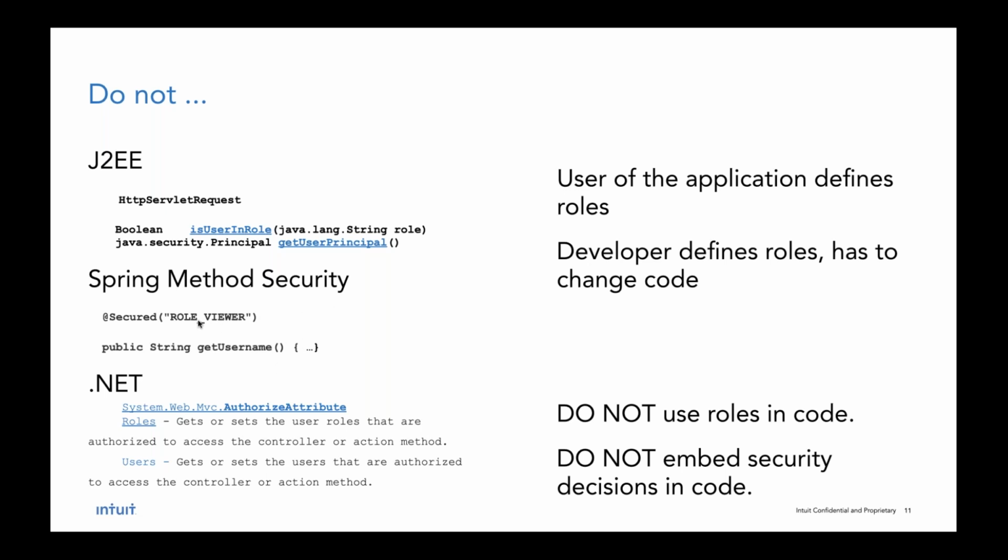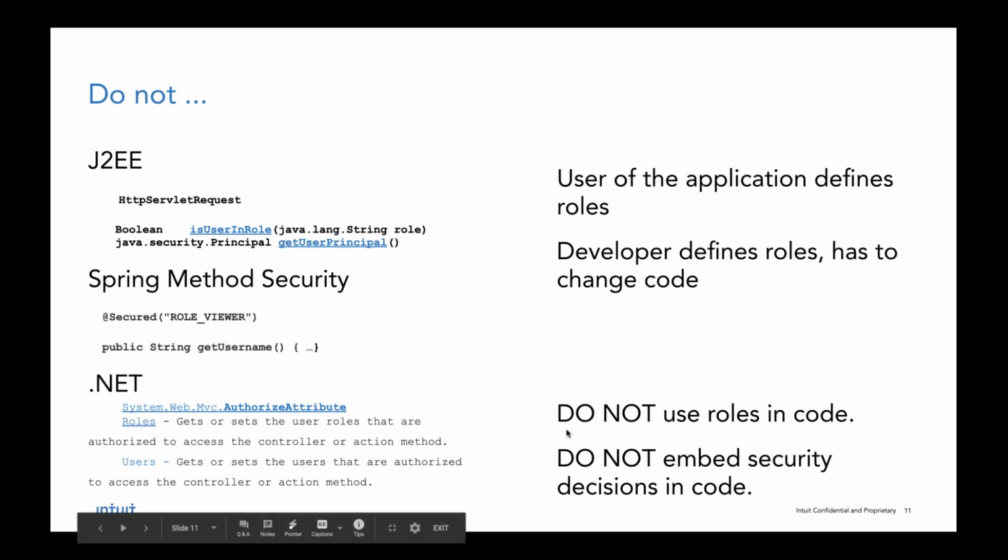So this will fail when your end users are defining the roles. The second problem is, even when the developer or the internal product team defines a role, one has to go and change the code. Which, like I said, drastically reduces your speed.